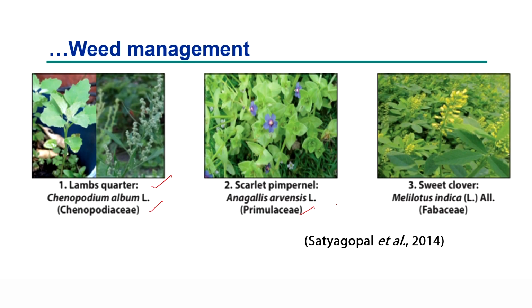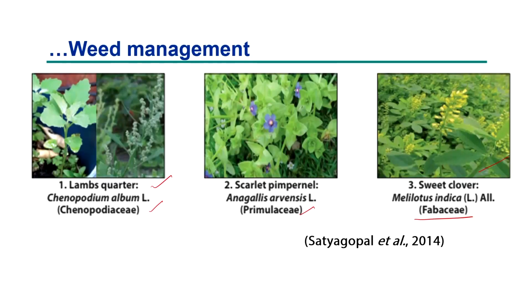This is Melilotus indica, and it belongs to family Fabaceae or Leguminosae. And one more species is called Melilotus alba. That is very similar to Melilotus indica in growth, but the only difference is that Melilotus alba has white color flowers and indica has yellow color flowers.